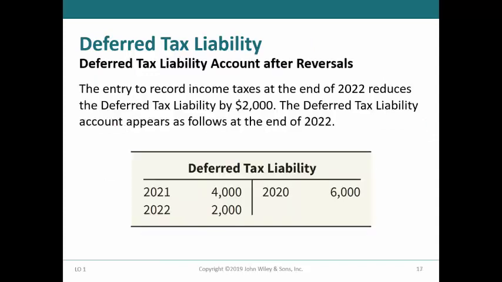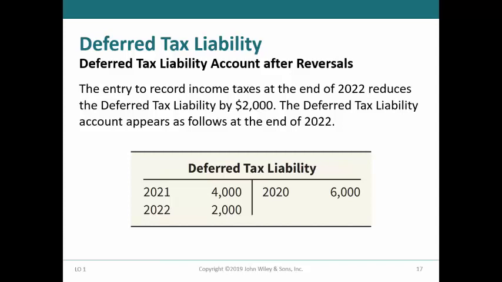This is a great slide to show the originating and reversing entries for the deferred tax liability in a T account. Remember that this occurred because we reported $30,000 of revenue in 2020 for financial reporting purposes per GAAP that were not required to be reported for income tax purposes until 2021 and 2022.